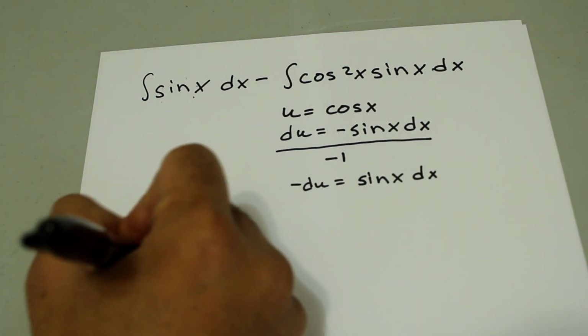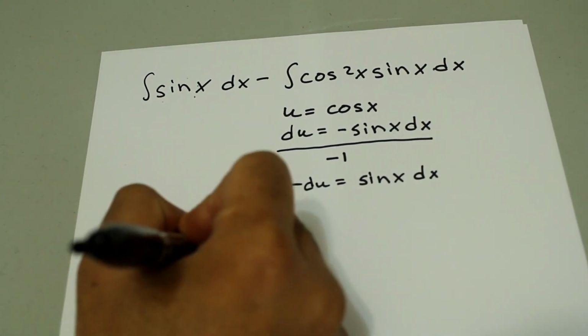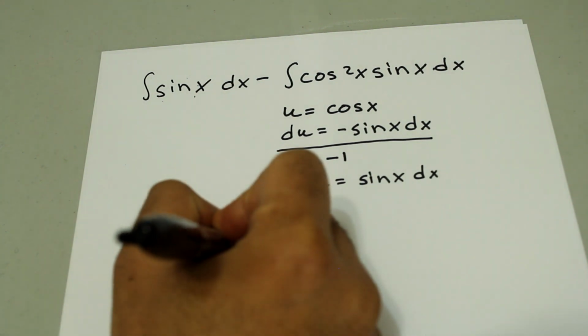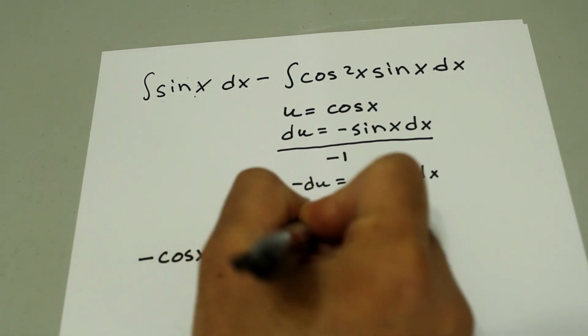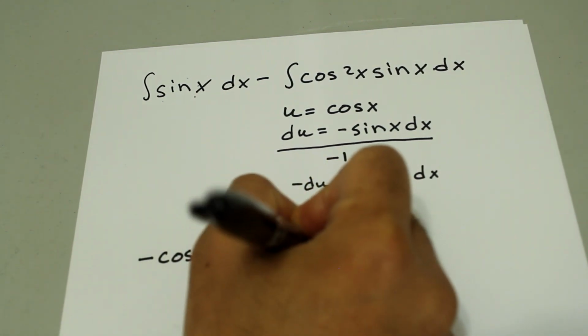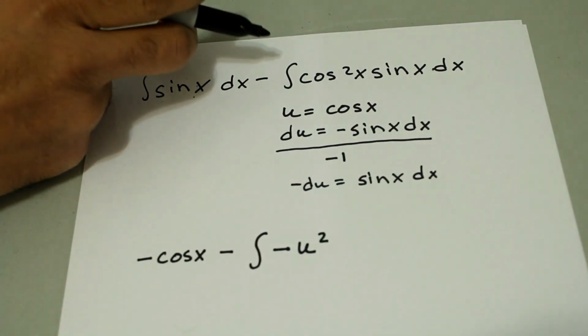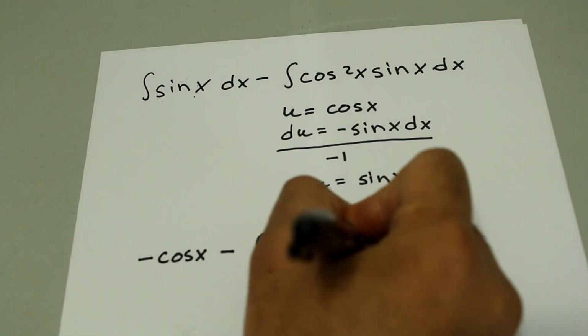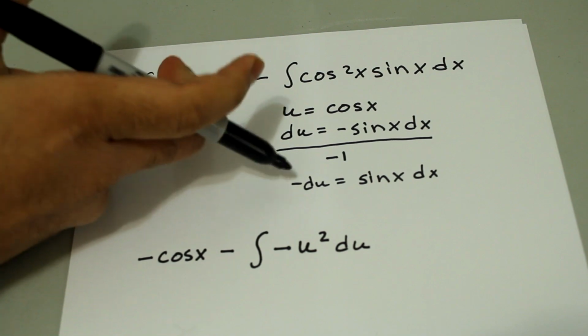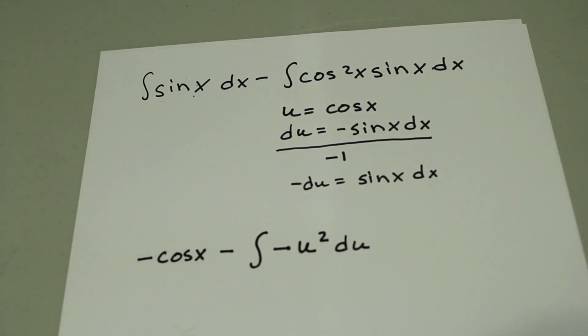So that's negative cosine of x minus integral of negative u squared, because cosine is squared, du. And the negative just comes from the du that I divided by negative 1.